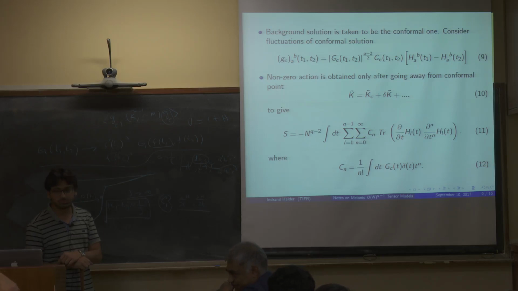Would it have been easier to invert it and go back in terms of psi? In terms of psi, it seems manifestly local in time and so on. I don't know.